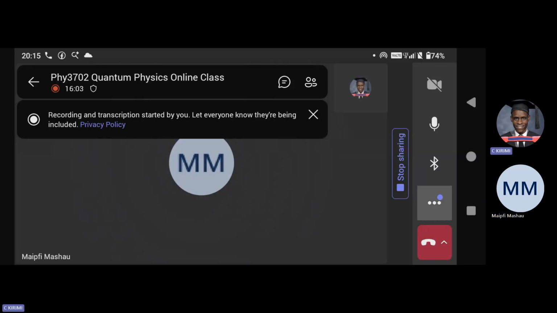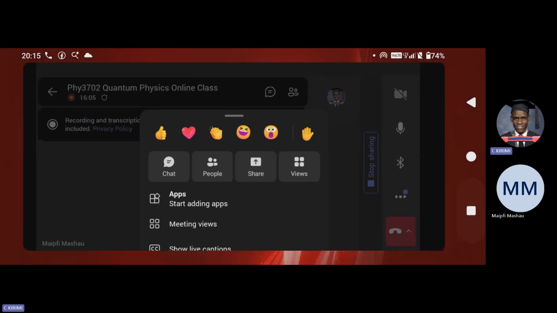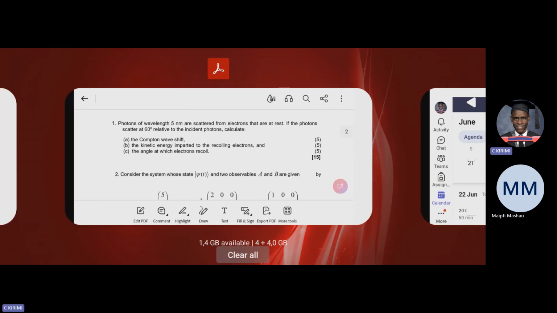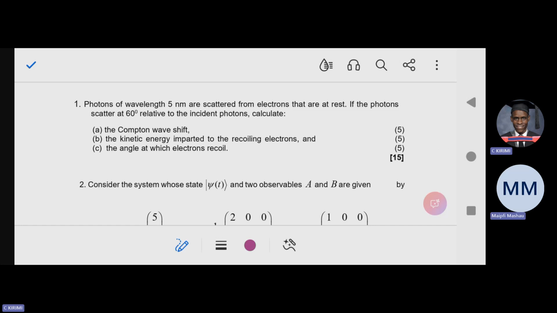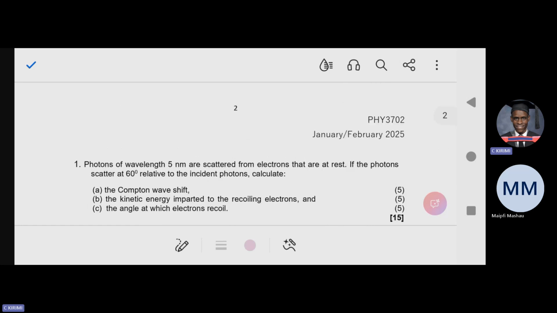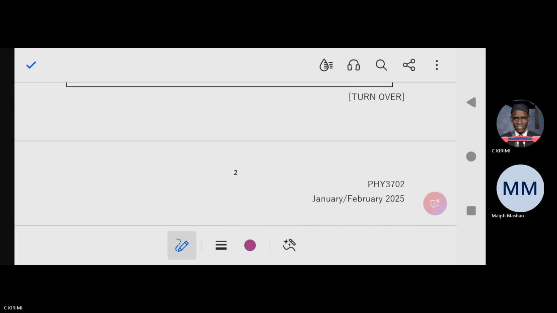All right. So for one A, the Compton wavelength shift, we must know the formula first. I'm going to write the formula for the Compton wavelength shift.